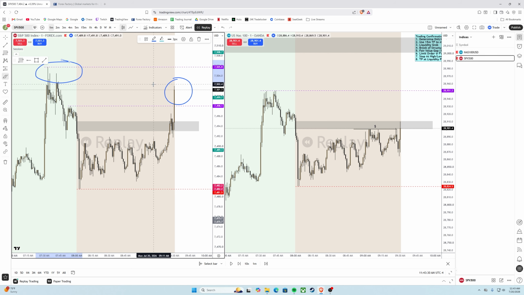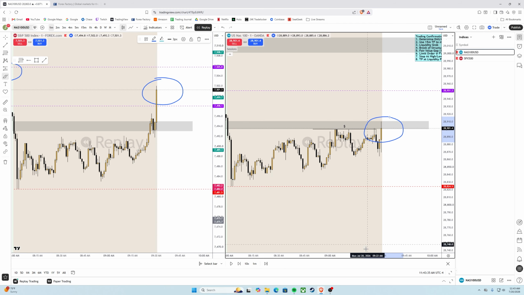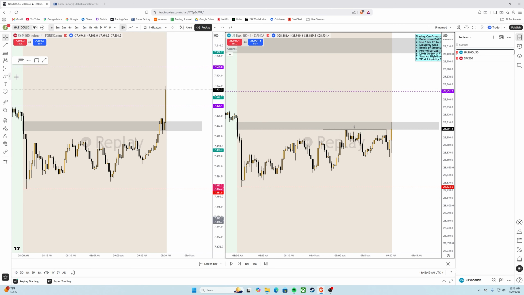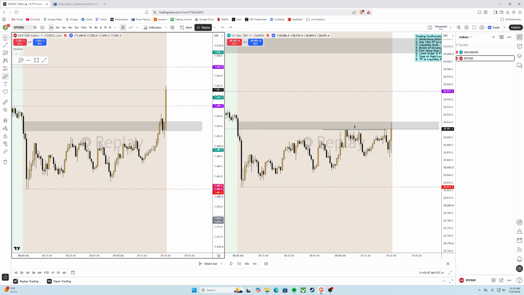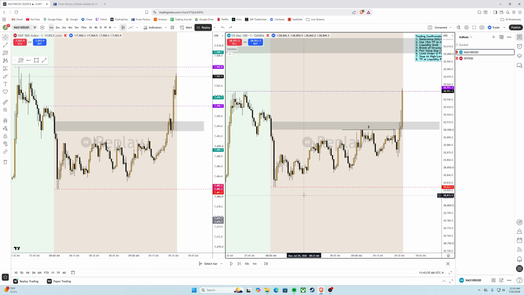So at this point, if I had to choose between both pairs, I would be significantly more interested in the NAS, because even though it closed the fair value gap and cleared some of this liquidity, it's definitely in a much better position than the S&P. So my attention is pretty much on the Nas, but at this point, I'm still watching price. Right, Nas made another deeper push, and then boom.